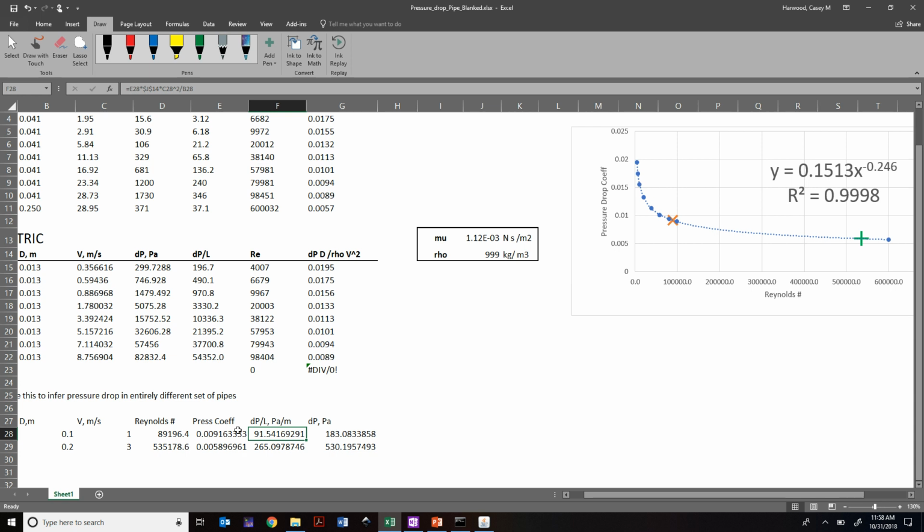Then we calculate the pressure drop over the entire length simply by multiplying by the length of the pipe. And we've now got a useful engineering result: a 180 Pascal drop for one, and a 530 Pascal drop for the other, for these completely new designs or totally different types of pipes.